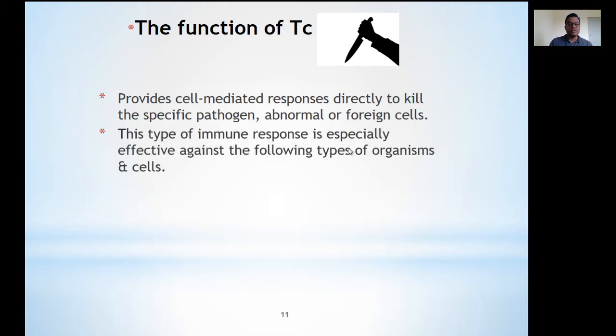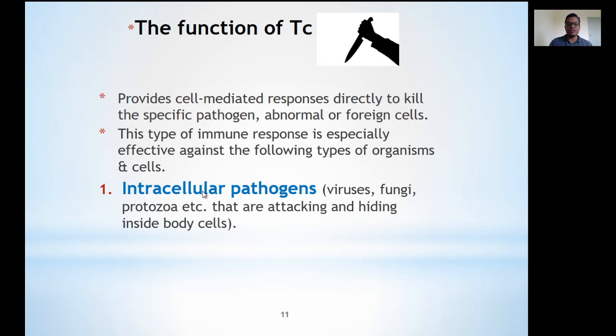This type of immune response is especially effective against the following types of organisms and cells. First, intracellular pathogens, such as pathogens or microbes that infect our body by getting into the cell, such as viruses, fungi, protozoa, some types of bacteria, and etc. that are attacking and hiding inside the body cells.